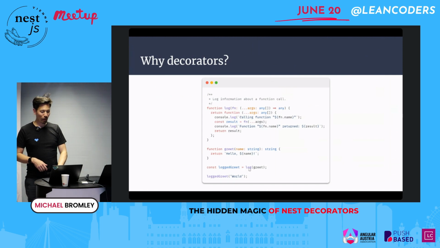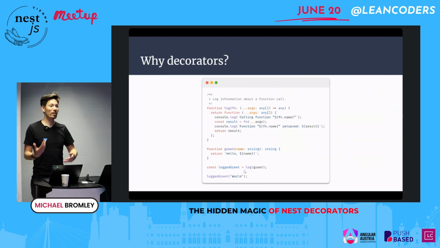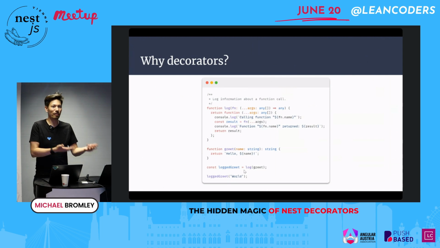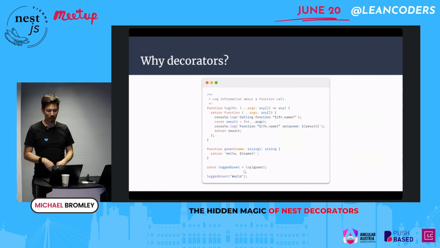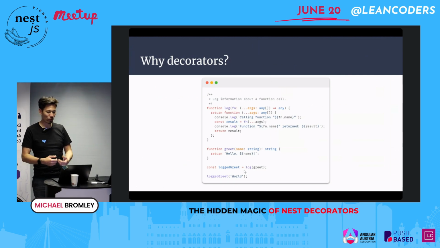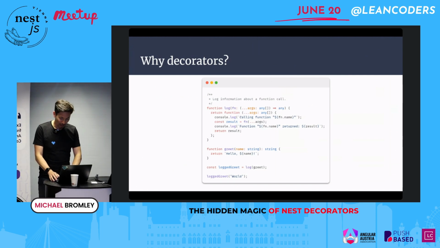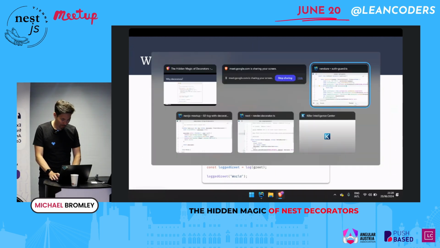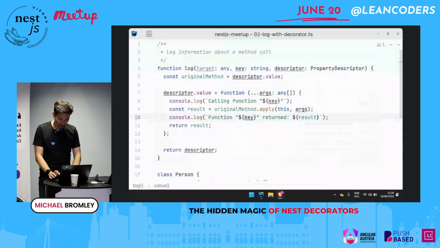When we wrap the greet function in this log decorator, it doesn't change the behavior of the greet. The greet still greets the name, but additional capabilities are added to it. So it's wrapped it and it's added extra stuff to it. I can show you an example of that.